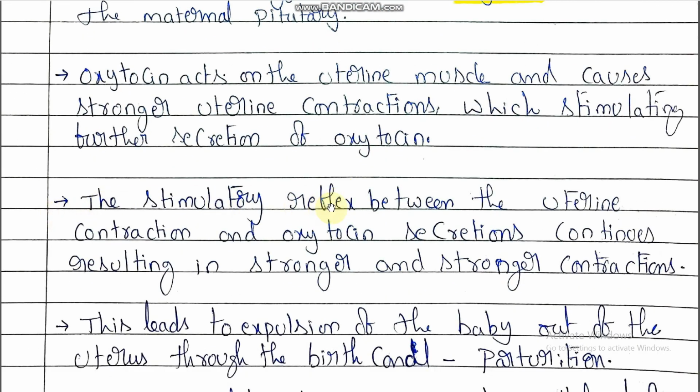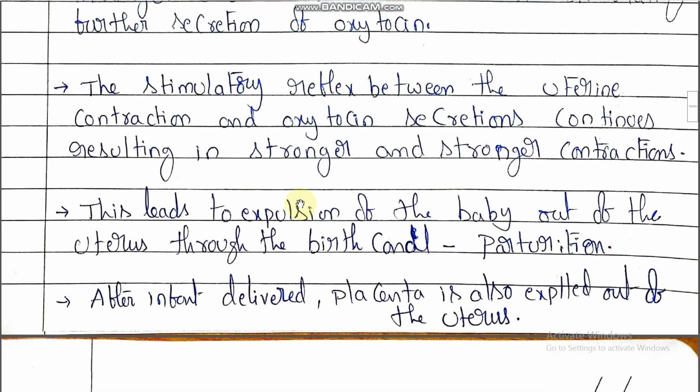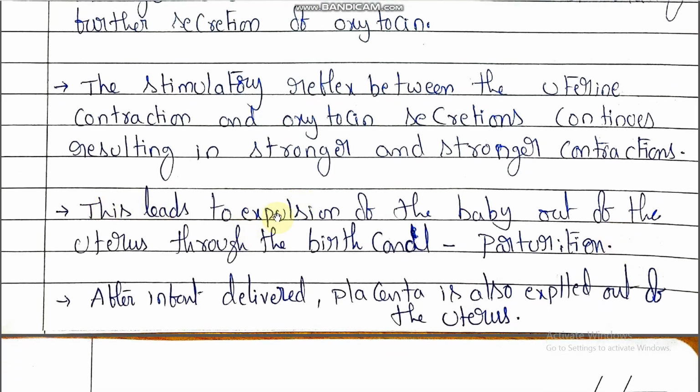Then the stimulatory reflex between the uterine contraction and oxytocin secretion continues, resulting in stronger and stronger contractions. This leads to the expulsion of the baby out of the uterus through the birth canal. This is called parturition.